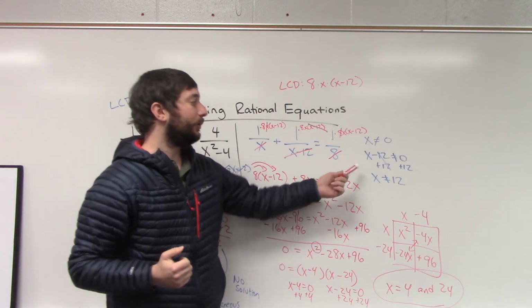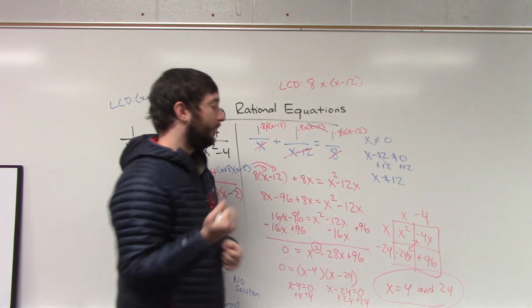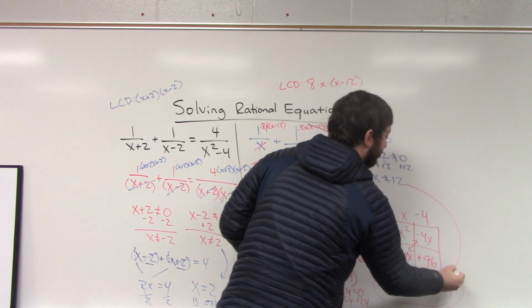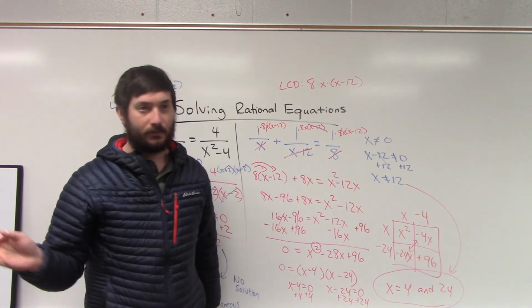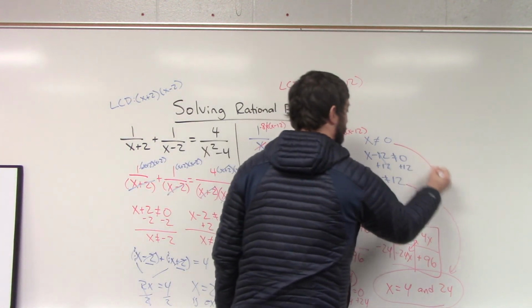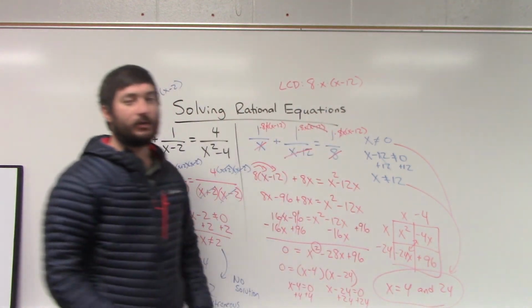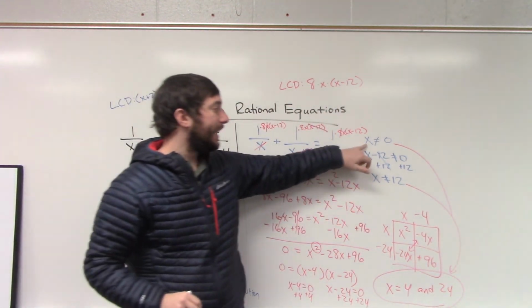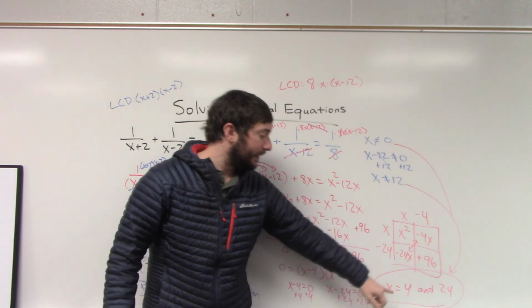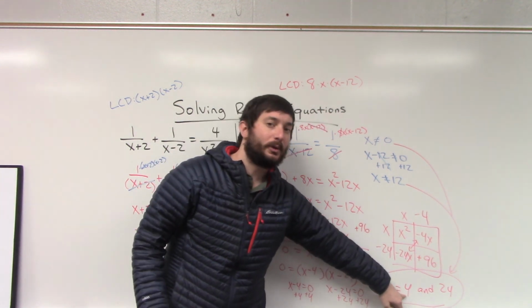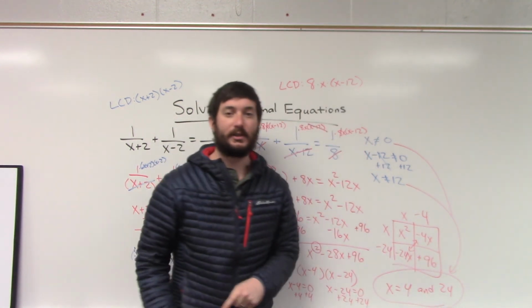Now, the only reason that I can go ahead and circle that is, once again, if I check those against my excluded values, was 12 one of my proposed solutions? No. Was 0 one of my proposed solutions? No. Now, if I had x cannot equal 4 up here, then this would be extraneous and we would only have one real solution.